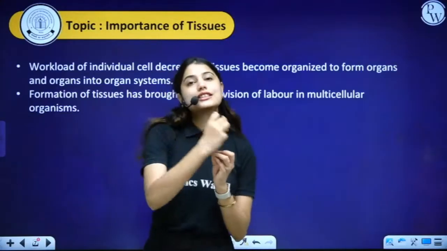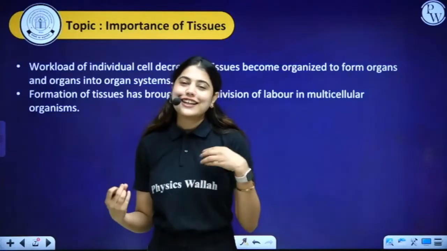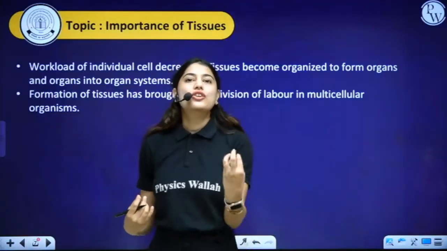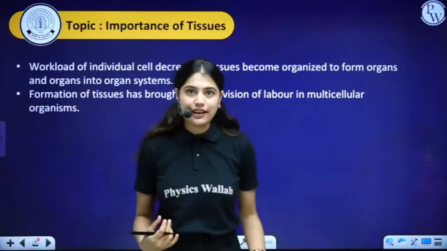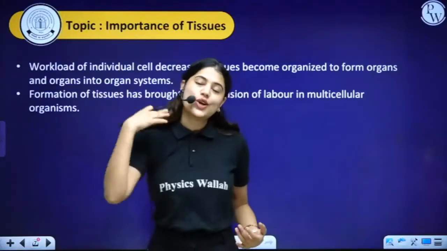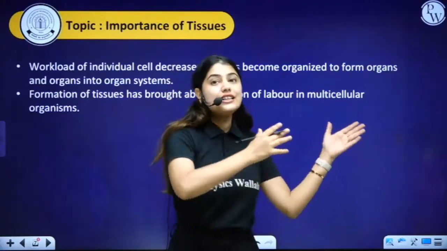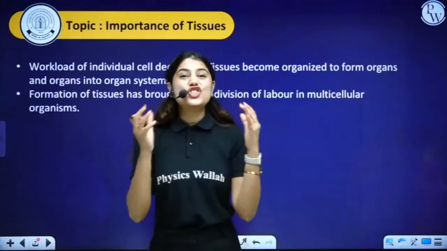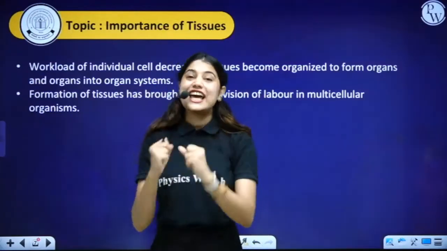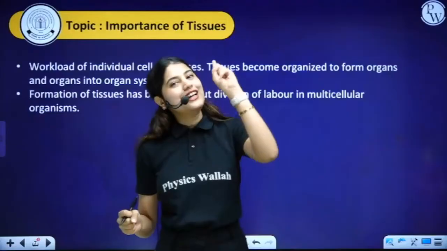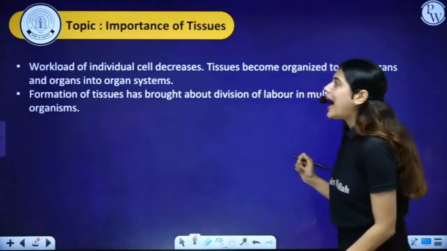And there is distribution of the work. There is division of labor. The work is being divided, and we know, just like we saw in previous class, the cells form tissues, the tissues form organs, and organs form organ system. So we remember that as well.